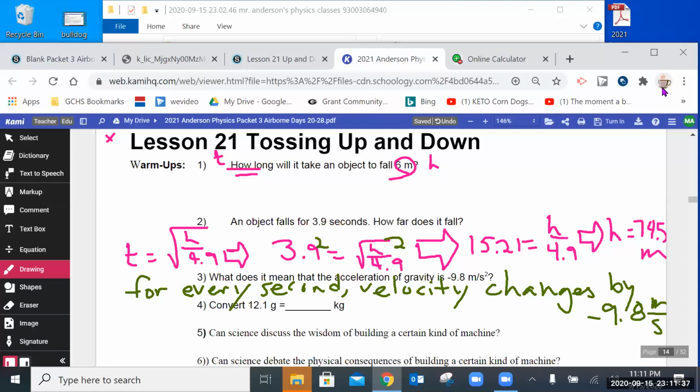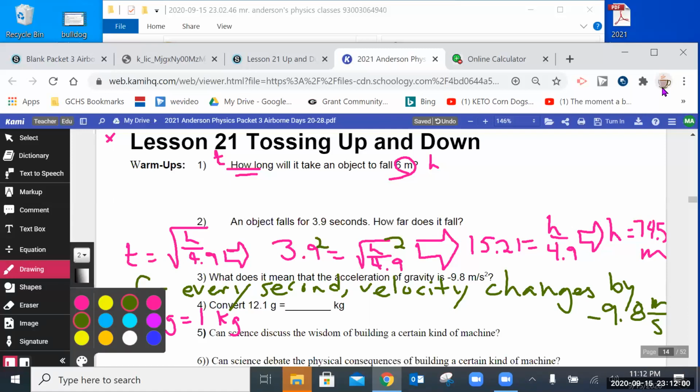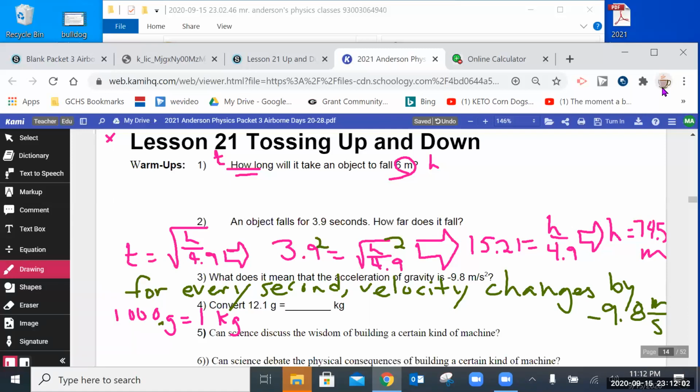Number 4, convert 12.1 grams to kilograms. Well, I know that there are 1,000 grams in 1 kilogram. So how do I change 1,000 to be 1? Well, the decimal point is originally there.